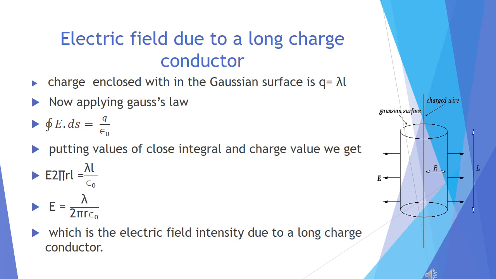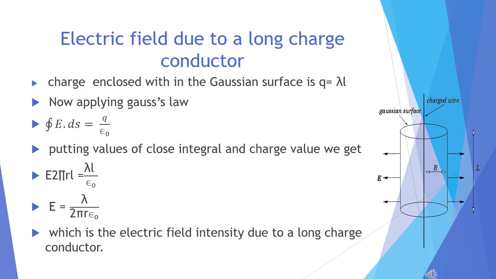So Q equals lambda L, which is the charge enclosed within the Gaussian surface. Now apply Gauss theorem, closed integral E dot ds equals Q upon epsilon naught. Putting in the value, E times 2 pi R L equals lambda L upon epsilon naught. L cancels with L, so the electric field intensity is lambda upon 2 pi epsilon naught R.